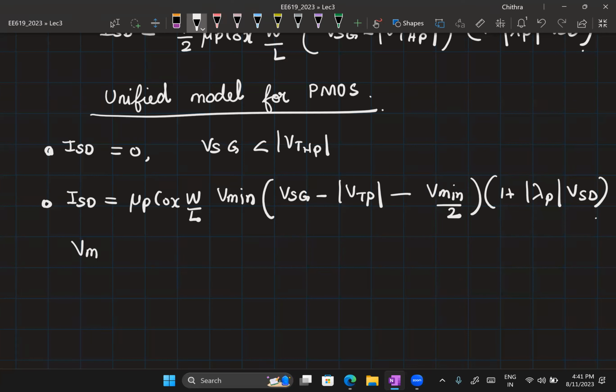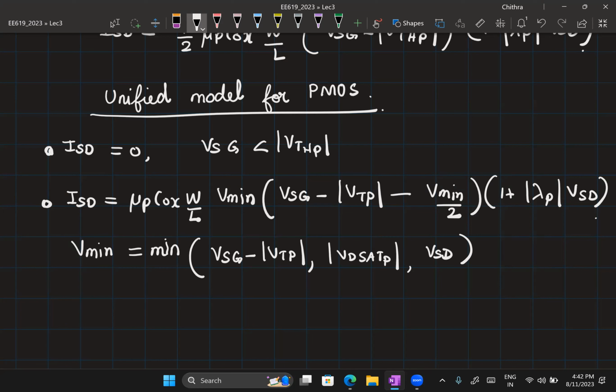Where what is the value of V_min? This is the minimum of VSG minus mod VTP, mod VDsat P, and VSD. This is, of course, under the condition VSG is greater than mod VTH.